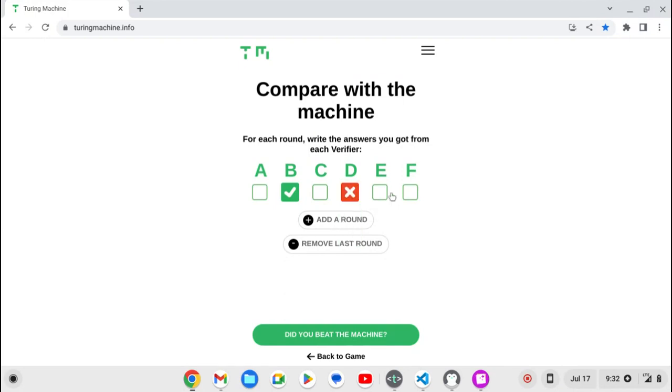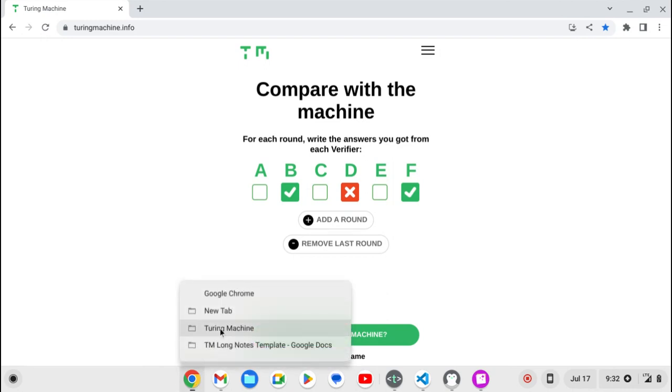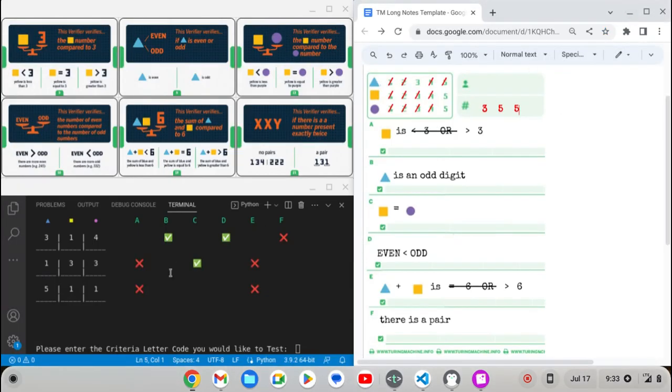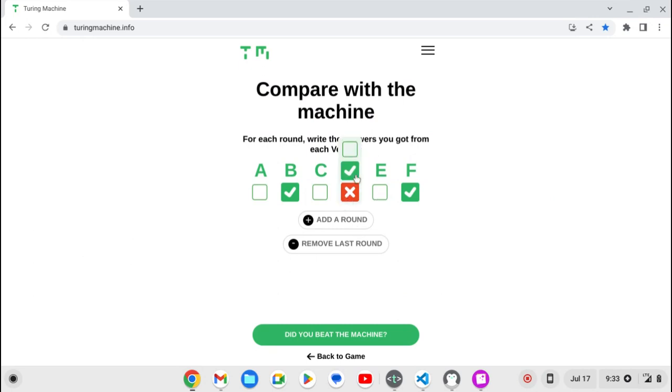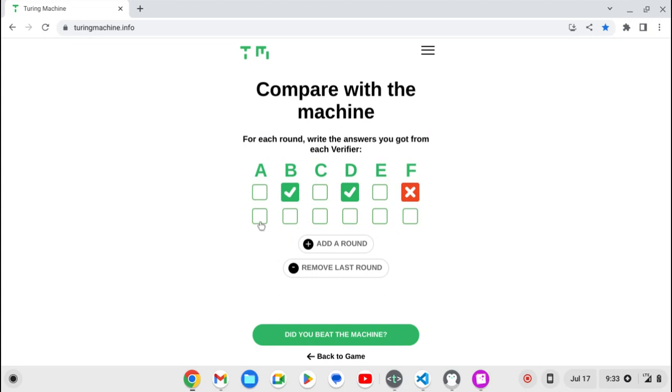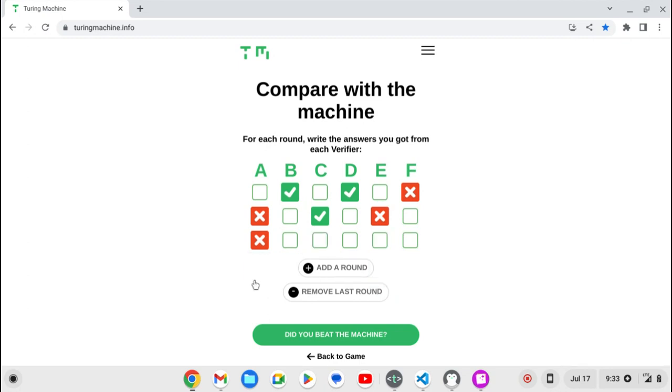Now, did I select it correctly? No, it was BD that were both true. So BD were true, F was incorrect. The next round we did A, I believe C was correct, and E was incorrect. And in the third round, A and E were both incorrect.